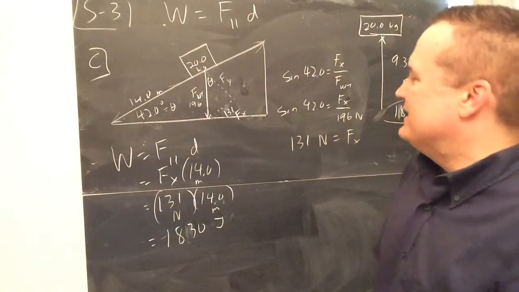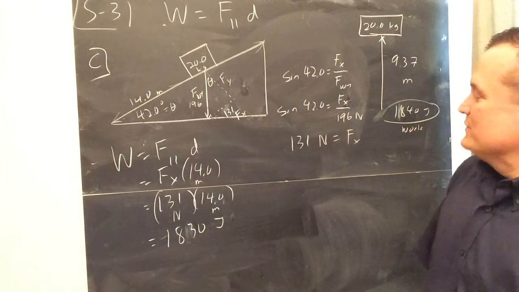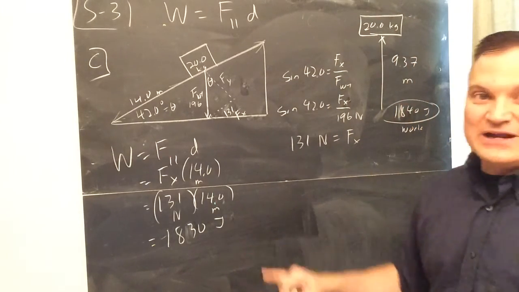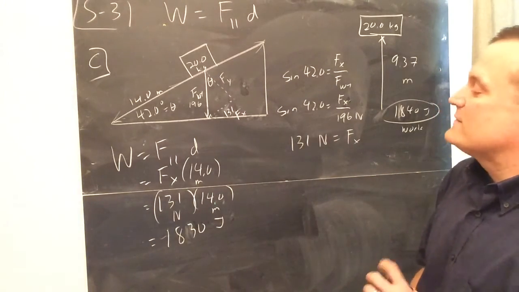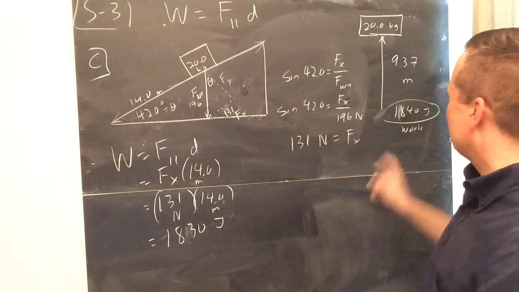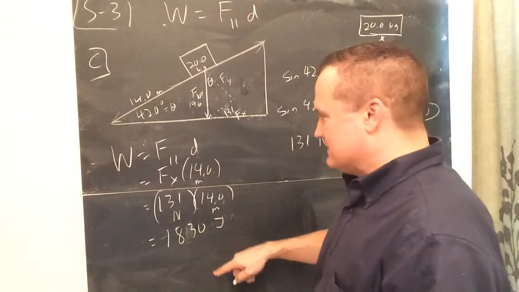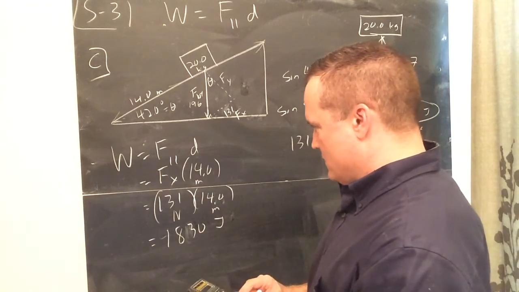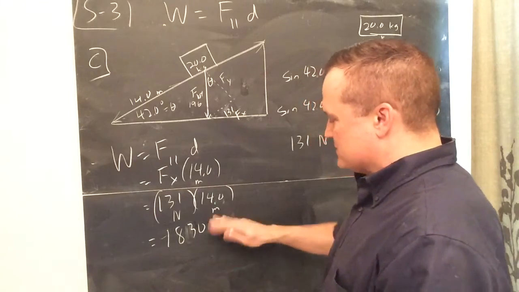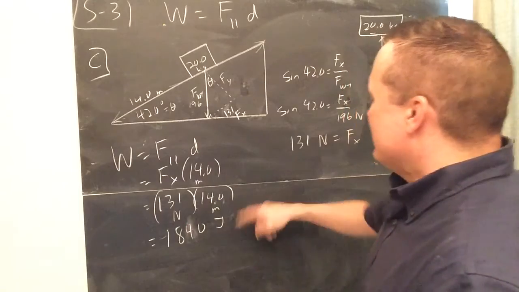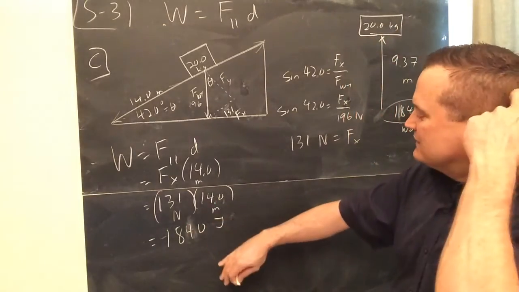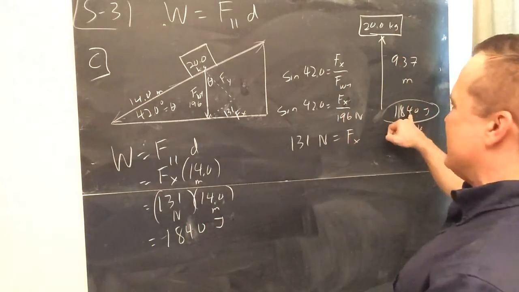Now, the interesting thing is, 1840, they're pretty close, because it's actually going to the same height. It should be the same number. 131 times 14 is 1834, almost 35. You could say it's 1840, I rounded it. It's really close to that one.